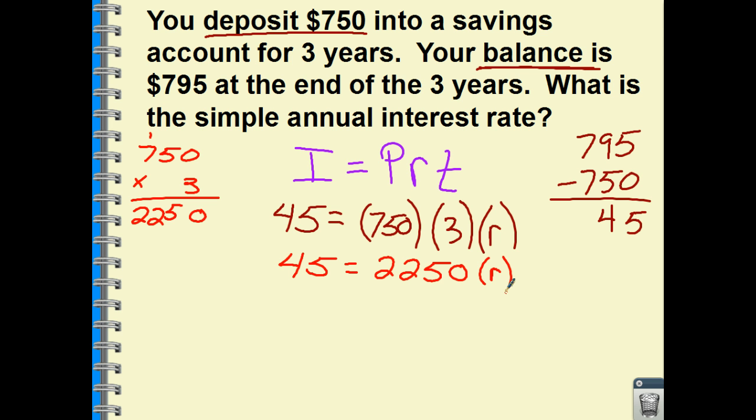And if I'm solving for R, it's touching the 2250, so that's multiplication. The inverse of that we have learned is division. So let's divide both sides by 2,250.